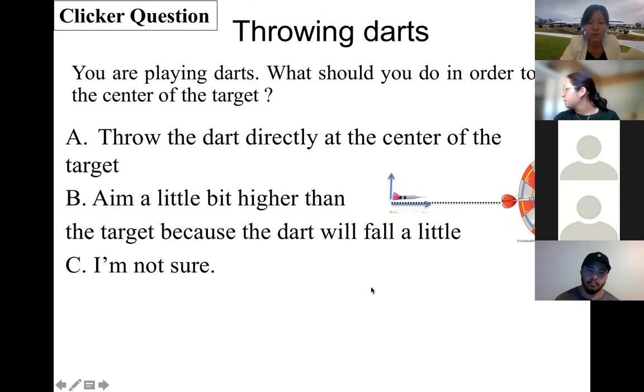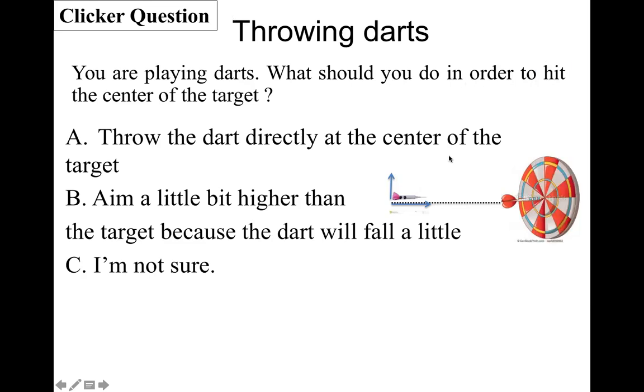So normally when we play darts, in order to get to the center, a lot of you voted for aim a little bit higher, not directly toward the center, because the dart will fall a little. Yes, that is my experience as well, although that doesn't mean I can hit the center. I'm still not very good at it.